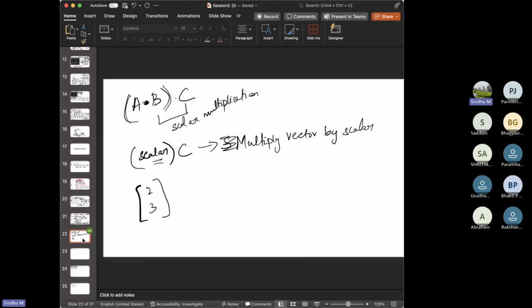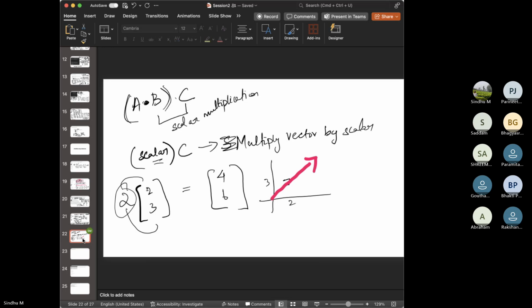So 2 times 2 is 4, 2 times 3 is 6. Geometrically, if this is the vector 2, comma 3, when you multiply it by the scalar 2, the final vector will be double. So that is the meaning of scalar multiplication. It will just scale up or scale down the vector. So I hope option B is clear now.